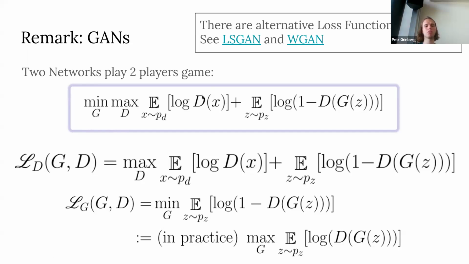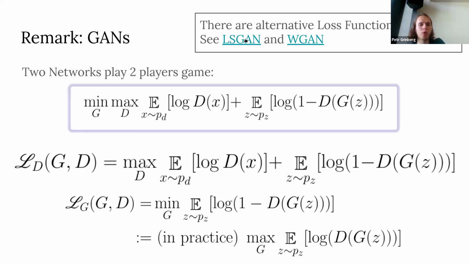So as far as I remember, it will be D minus 1 squared here, and maybe 1 minus D(G(z)) squared here. So something like this. And there is Wasserstein GAN, which is a bit more complicated and requires a slightly different training scheme. But LS GAN and Wasserstein GAN have much better properties, at least as far as I know, than the original version of the two-player game.